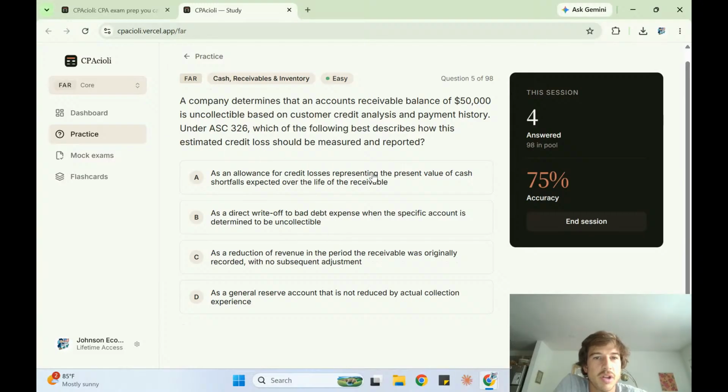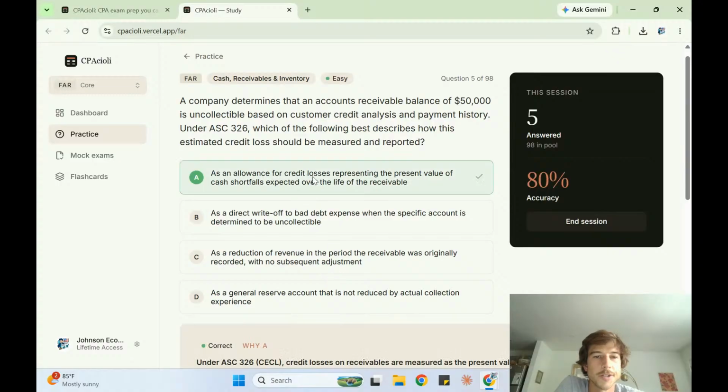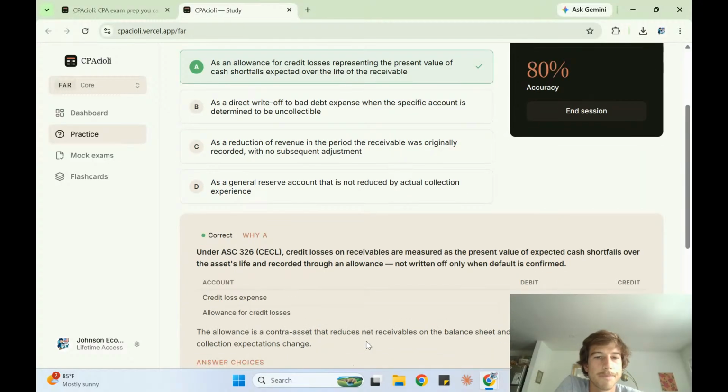How an estimated credit loss should be measured and reported. Is an amount for credit loss representing the present. Not sure. Cool. Okay.